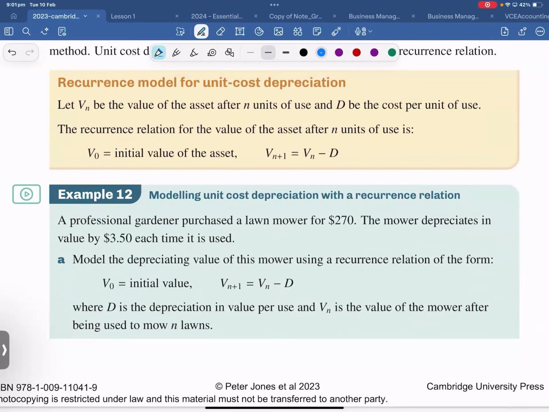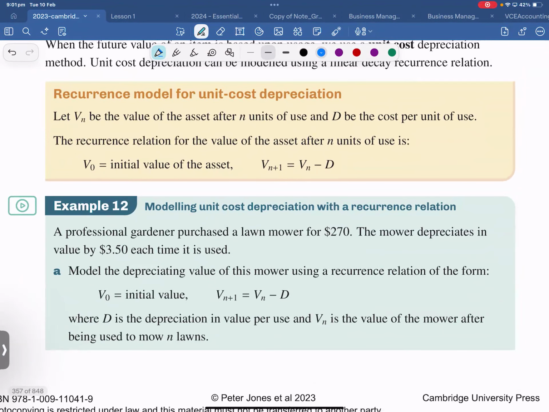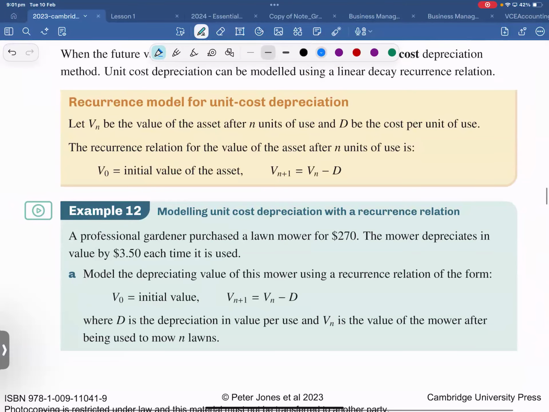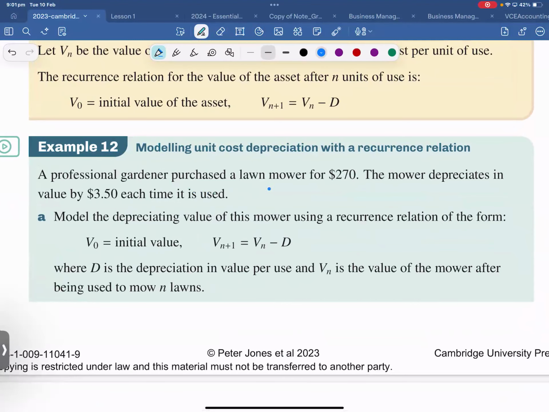Okay, guys, this one. Now, unit cost depreciation. See, we don't have a percentage. Why? Every time it is reducing by a given value. In this case, a professional gardener purchased a lawnmower, 270. The mower depreciates in value by 350 each time it is used.